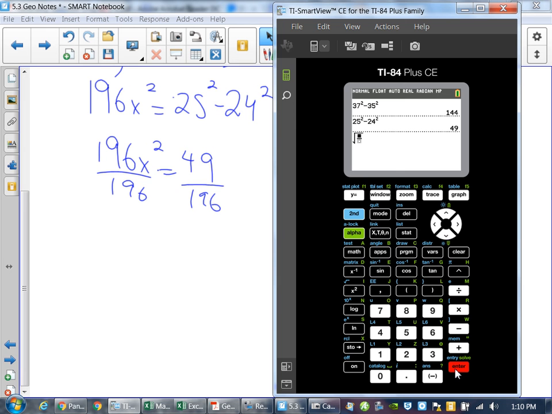Then all you have to do is type in the numerator and denominator and press enter. It'll do the work for you. It's the whole idea of buying one of those calculators. There's your answer. It's 1/2.